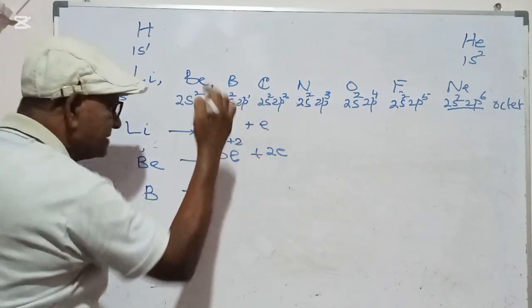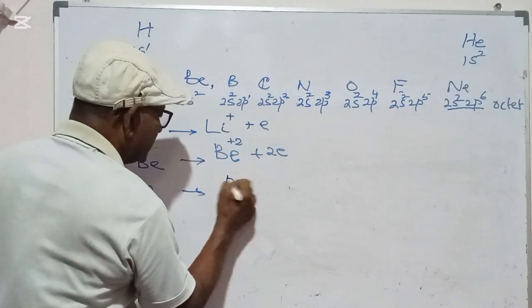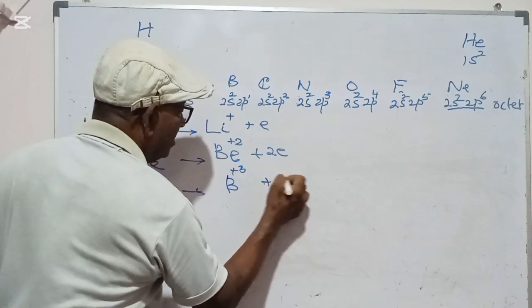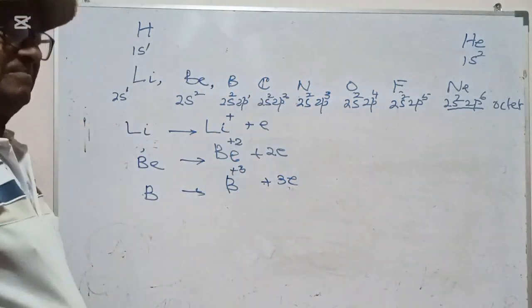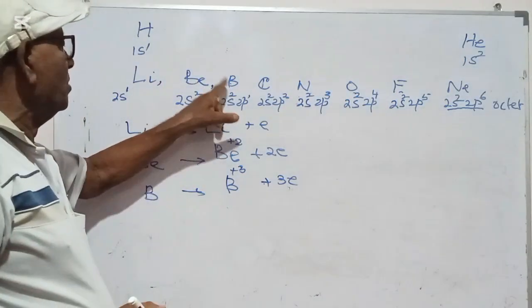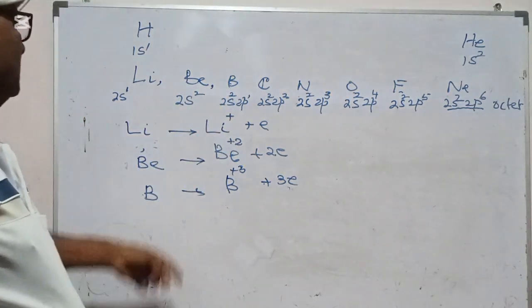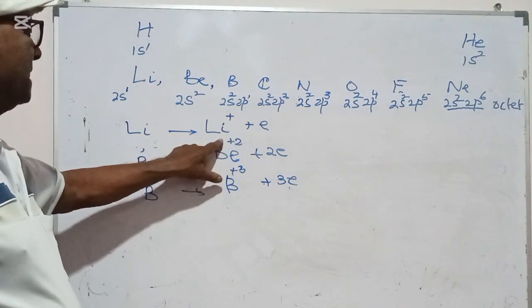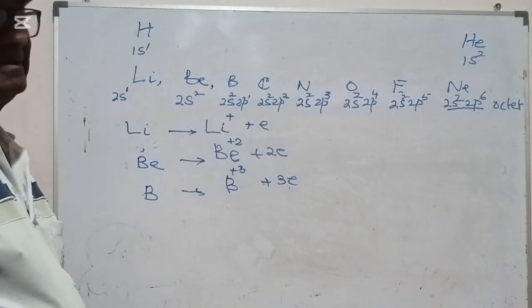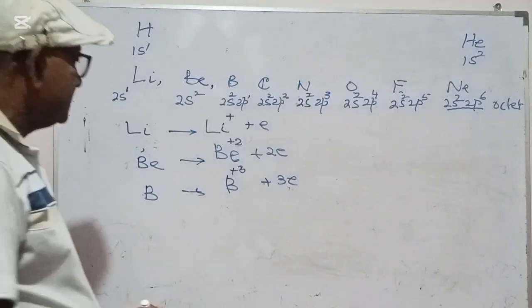If it removes 3 electrons, it has 3 protons in excess. So boron becomes a 3+ positive ion due to the removal of 3 electrons. So it is clear how lithium, beryllium and boron form Li+, Be2+ and B3+ ions due to the removal of electrons. Right?